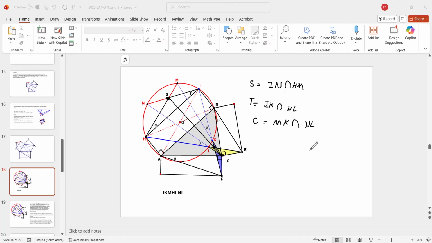Now we have to look at, we will have now what we call this crossed hexagon. So let's start with IK. Now, if you remember, we said HL. Right. Then we took IK intersects HL. So this gives you your T. Now we still got two more points here.